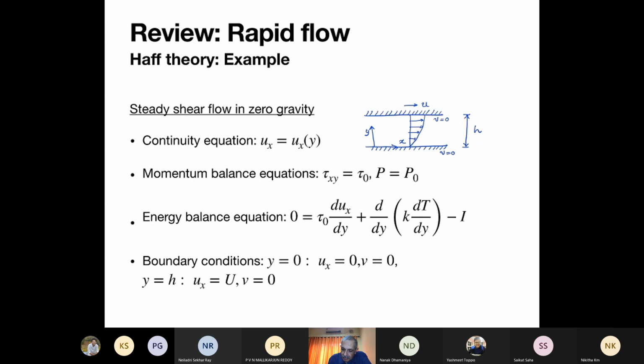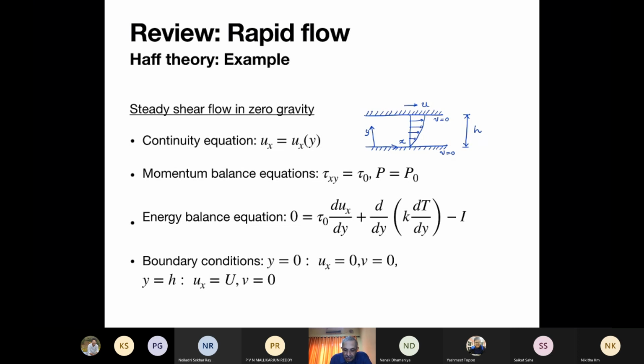So you have two plates separated by a distance h, and the top plate is moving with a velocity u. The bottom plate has zero velocity, and the walls are absorbing. So the temperature or the fluctuation velocity at the walls is zero.